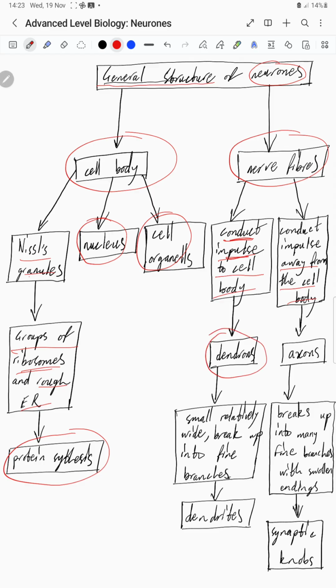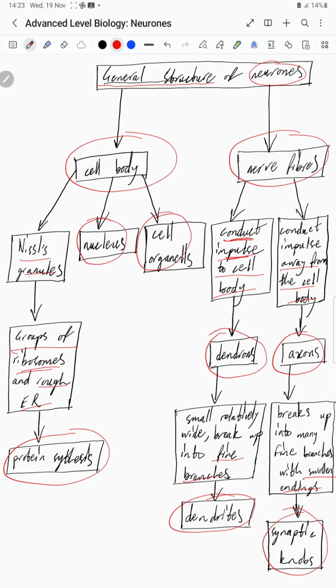These are relatively short and break up into fine branches called dendrites. Those which conduct impulses away from the cell body are called axons, and they also break into many fine branches with swollen ends, which are called synaptic knobs.